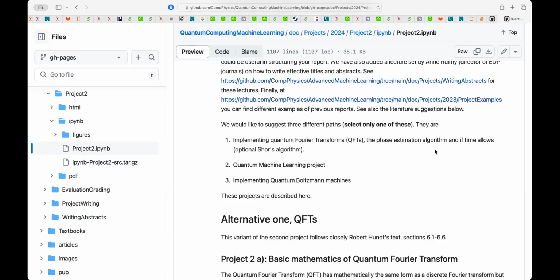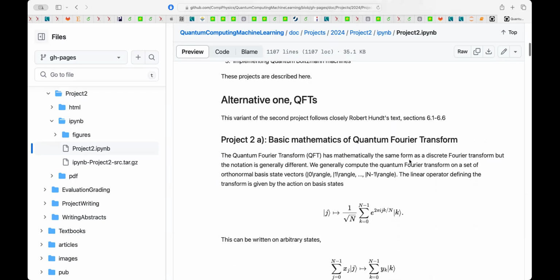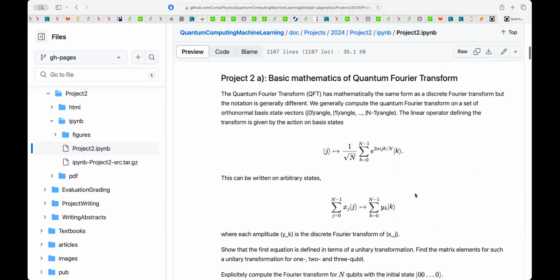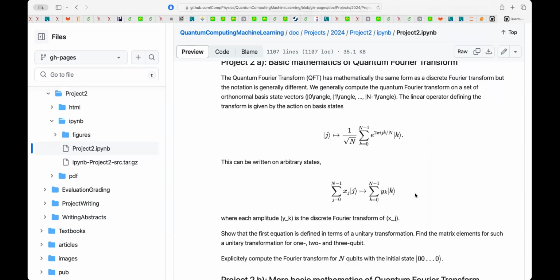One of the variants is basically the one on quantum Fourier transforms. That is a very important algorithm in quantum computing. We could almost say it is one of the flagships of quantum computing, one of the early ones. And it can be useful to have it implemented and understand what goes on.